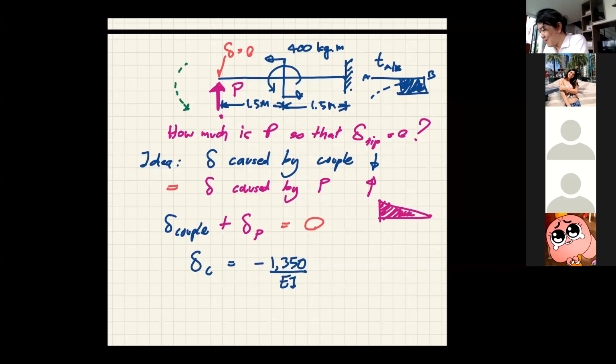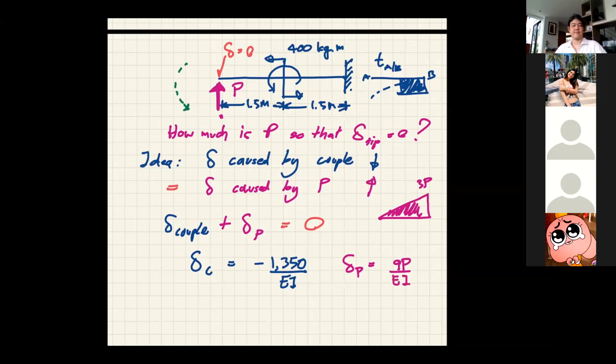Oops, that's a bad one, right? You should know right away. The moment diagram should be like this. And that is P multiplied by L, so it's 3P. Okay, I again calculate t_AB. I will get delta due to P in terms of P, and it is equal to 9P over EI.